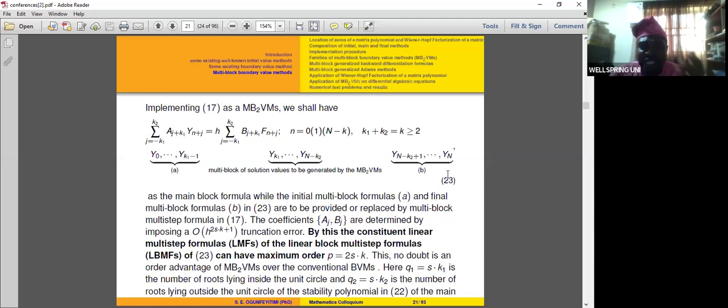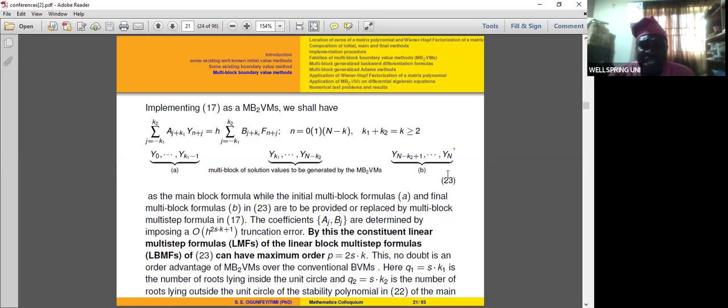The coefficients Aj and Bj are also determined by imposing our h to the power 2SK plus 1 truncation error. One of the advantages of this method is that it has a maximum order of 2SK, where S is the dimension of the block and K is the step number of the block.